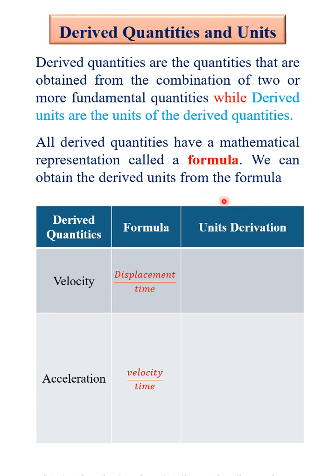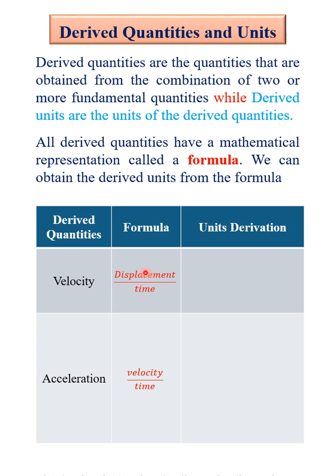So in today's video, we are going to be looking at a list of derived quantities, their formulas, and their units derivation. So I have the derived quantities and the formulas written out here, and we're going to derive the units in this video. The first quantity here is velocity, and the formula of velocity is displacement all over time. And this is a combination of two fundamental quantities, which are time and length. Even though length is not written here, we know that displacement is a measure of the length covered by an object.